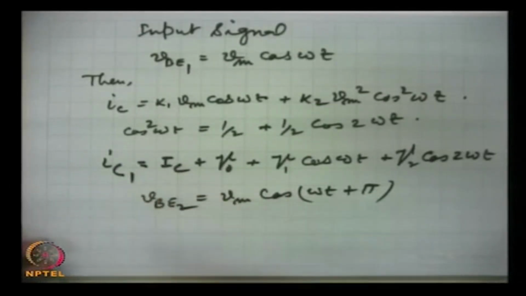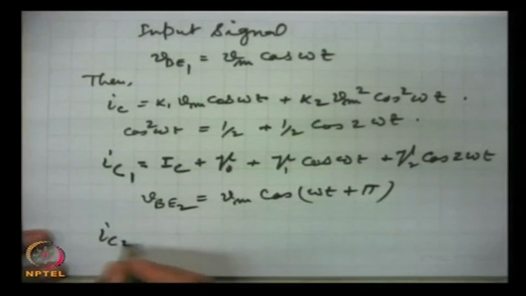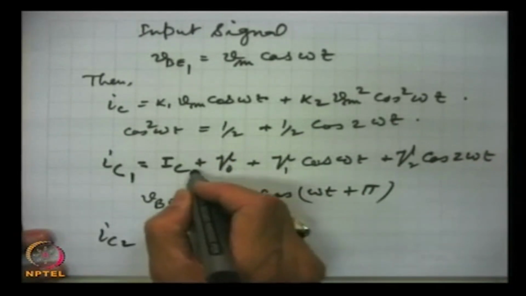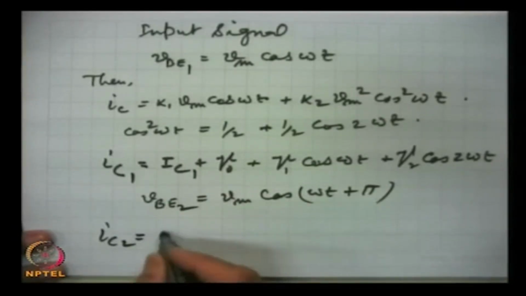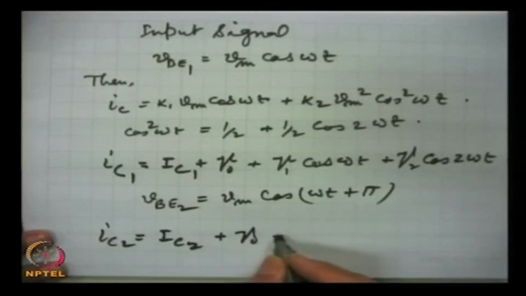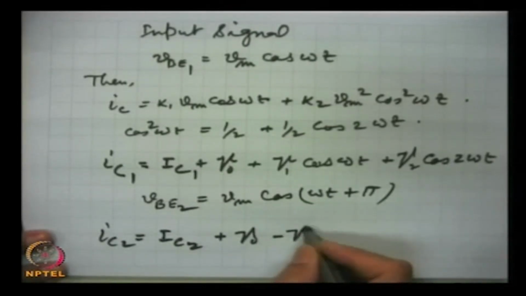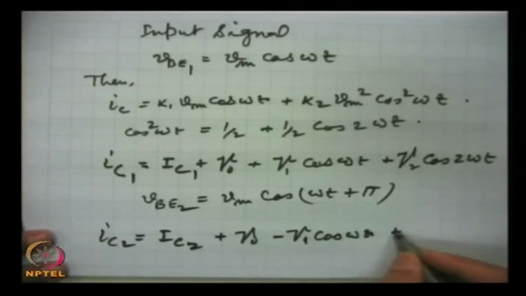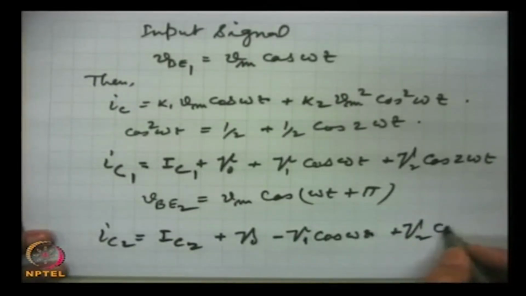We will get another equation, IC2, in a similar way: while IC1 for the upper half is as above, IC2 is gamma 0 minus gamma 1 cos omega t plus gamma 2 cos 2 omega t.